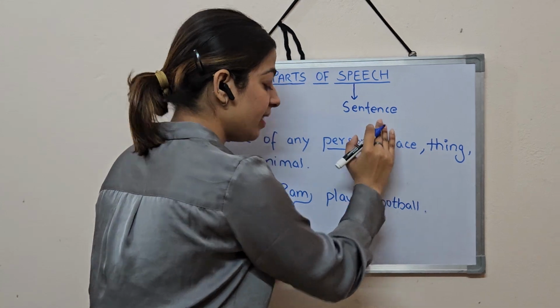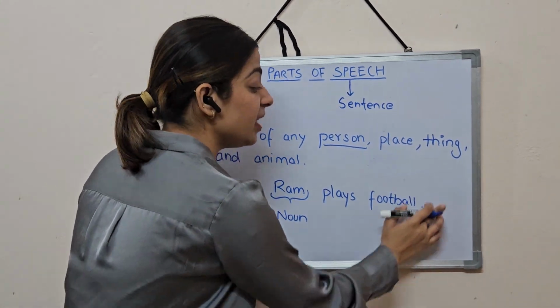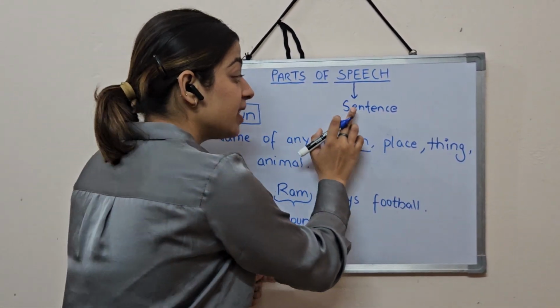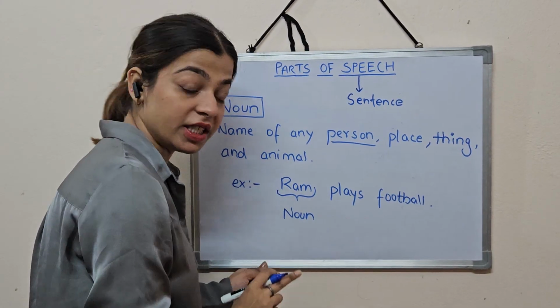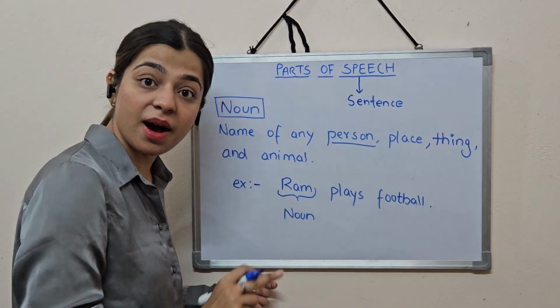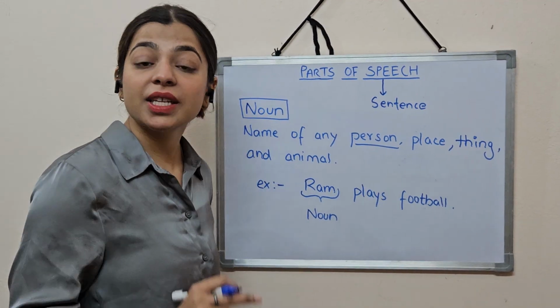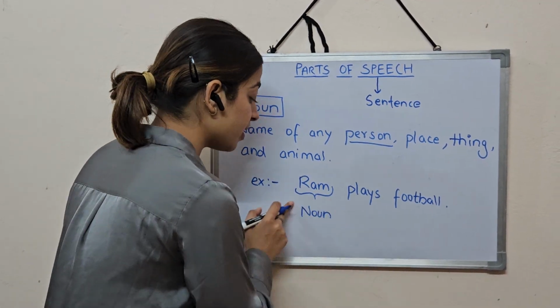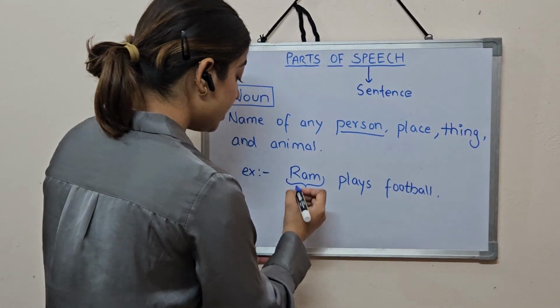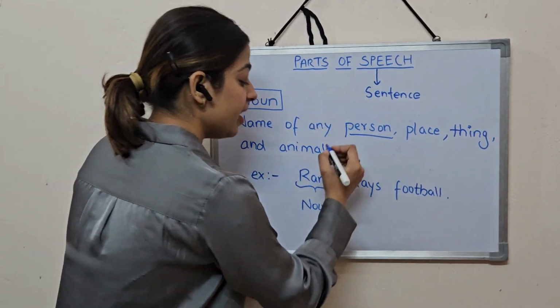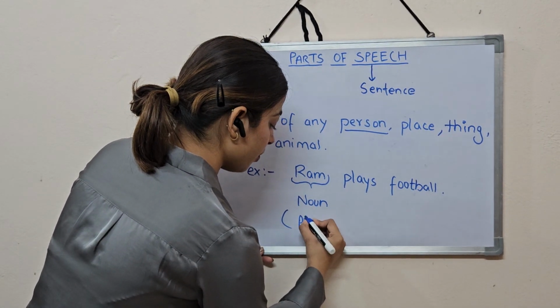Speech was a sentence. So this whole sentence means a speech. And a sentence is made up of words. Our first word was Ram. And what is the role of Ram? The role of Ram in the sentence is that it is a noun, or I can simply say Ram is the name of a person, right?